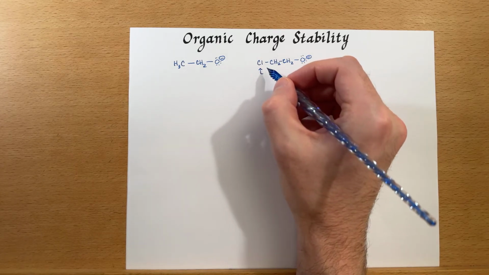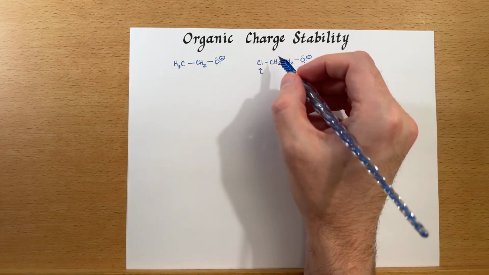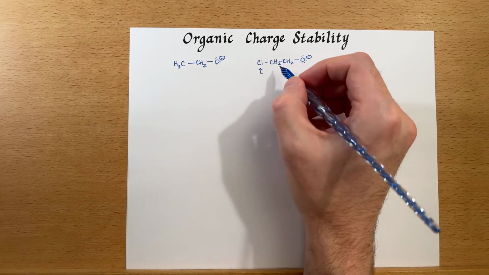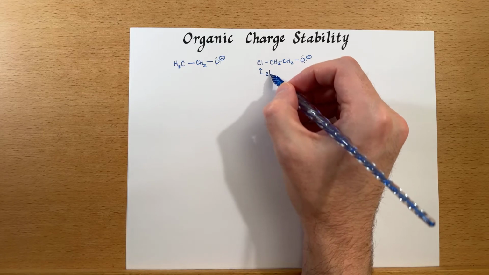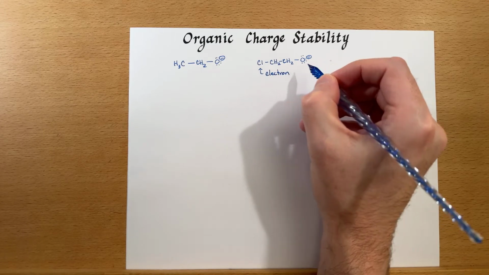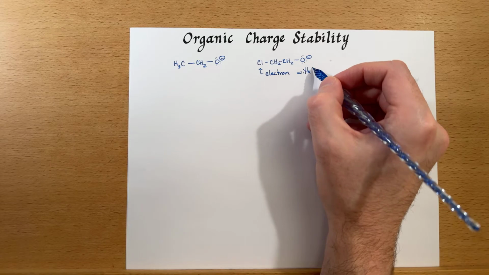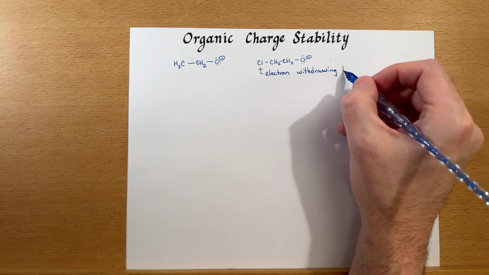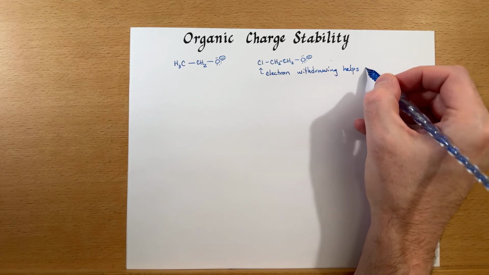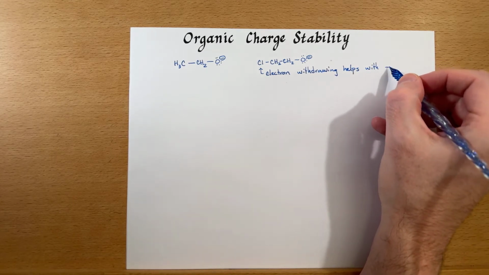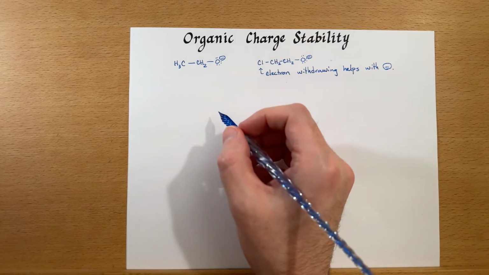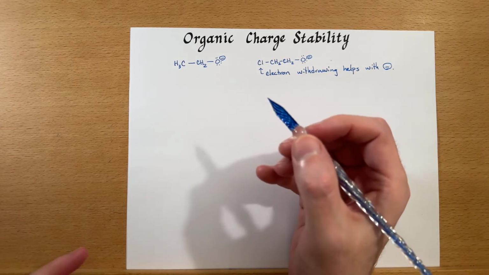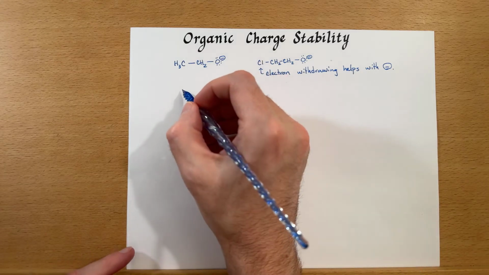So, since it's electron withdrawing, because it's electronegative, this will help stabilize the negative charge. Now, we could compare that with a positive charge, and it should have the exact opposite effect.